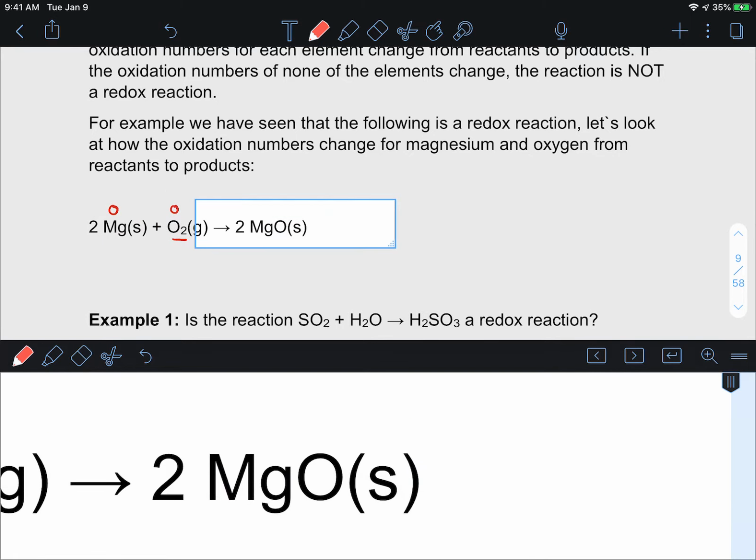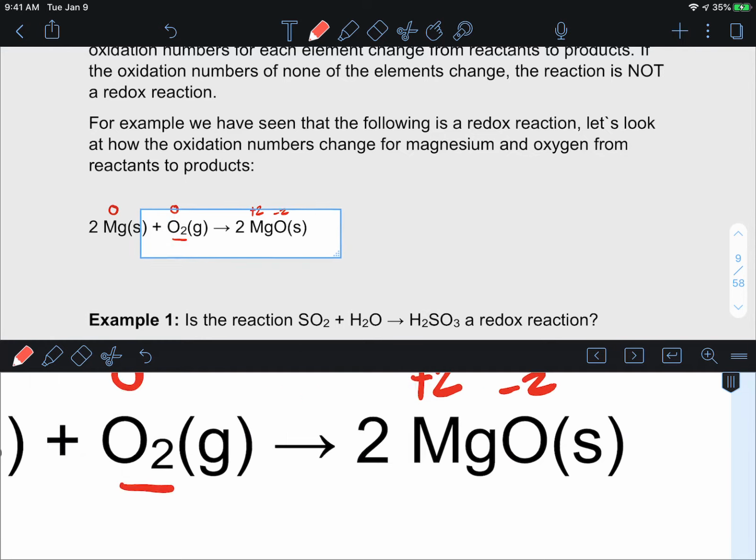Now that they're in combination, we go to the next set of rules: magnesium is an alkaline earth metal, and so whenever it's in a compound, we assume that it has a +2. And oxygen, if it's not in a peroxide, is going to have a -2 oxidation state.